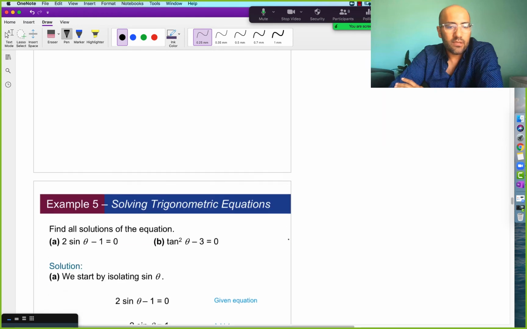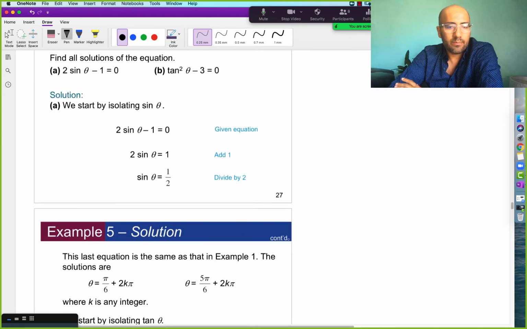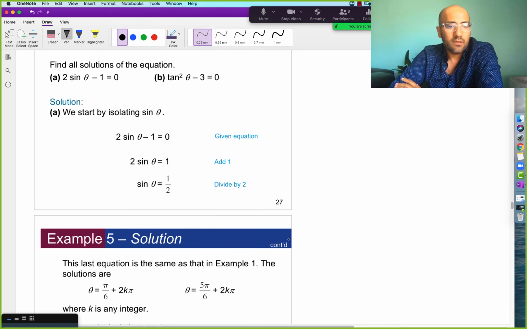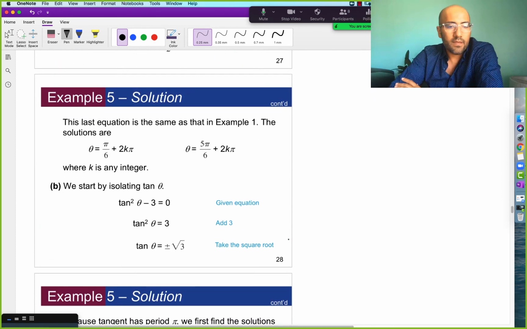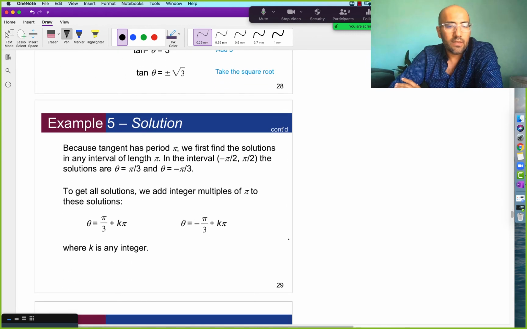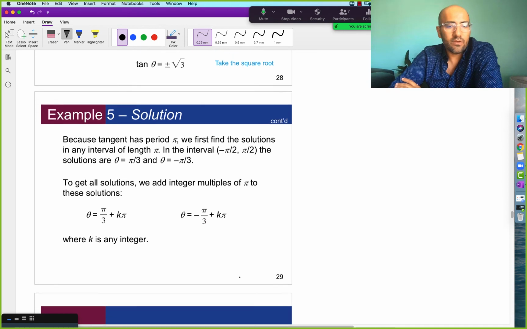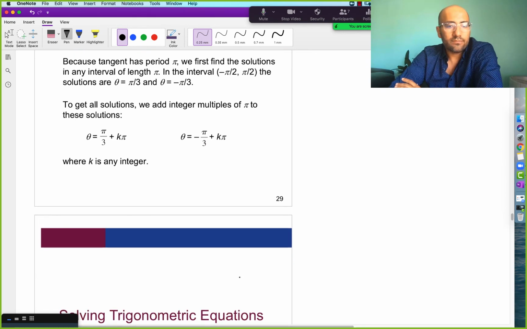See what the author did. Similar things. Oh, they put it back in radians, so that's good. And plus or minus root 3. And then, because the tangent has period pi, for the first solution, okay, they left it as minus 60 degrees, but again, you can also move it forward.